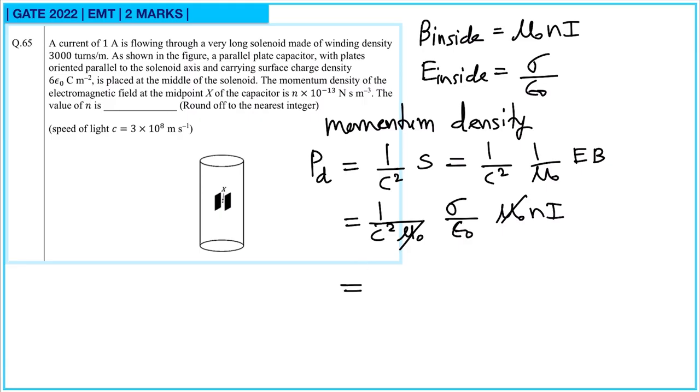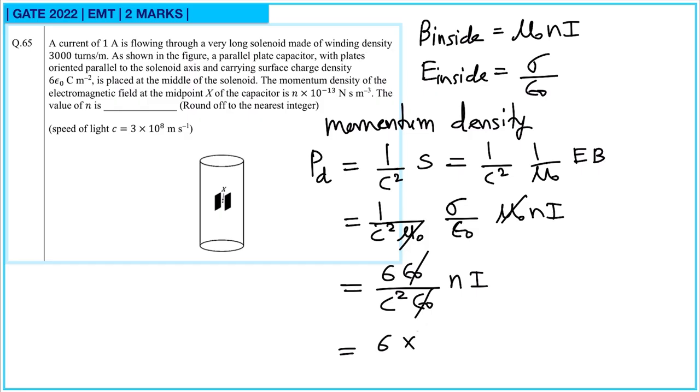And also we have here c, so we will adjust for it. So this will be equal to, sigma is given as 6 epsilon naught upon c square, epsilon naught into n into I. So this epsilon naught will cancel.